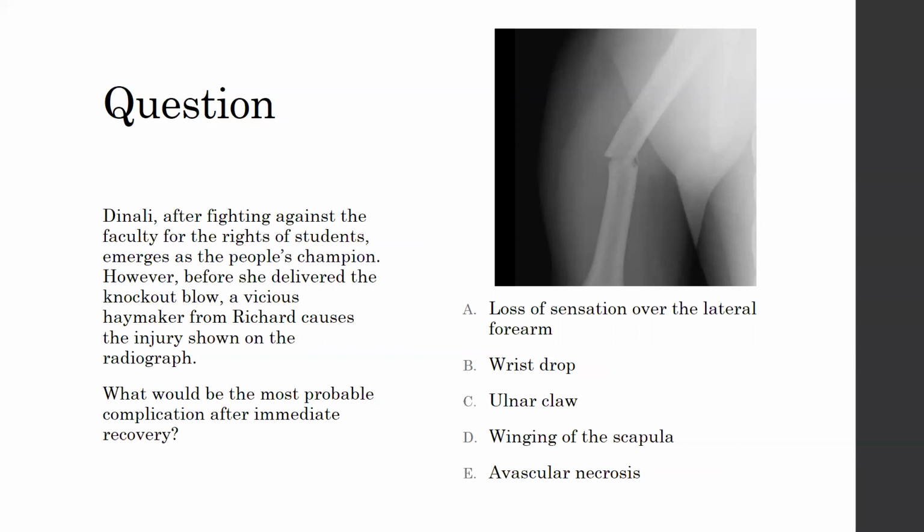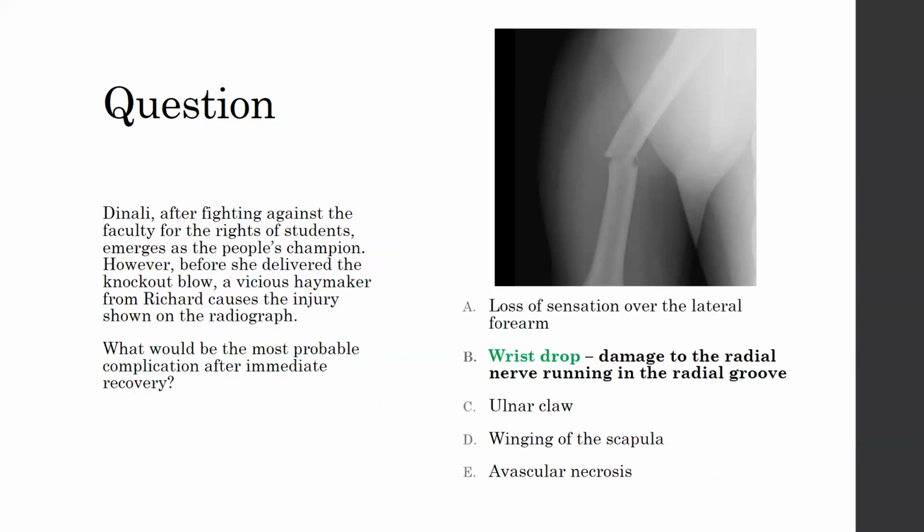B? Yes, well done. Wrist drop, damage to the radial nerve in the radial groove from a mid-shaft fracture. Very common question in exams.